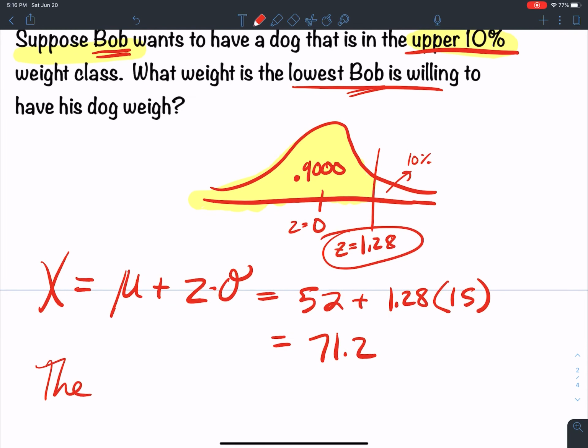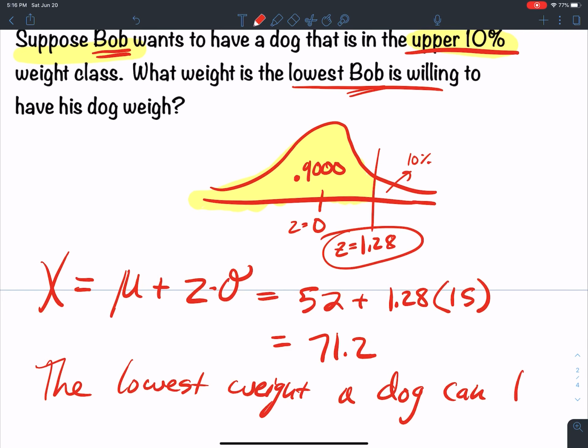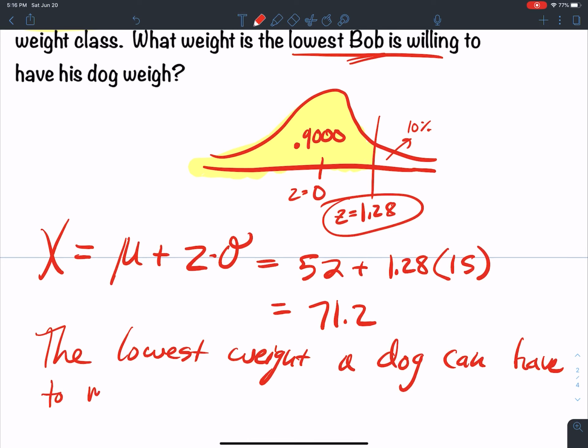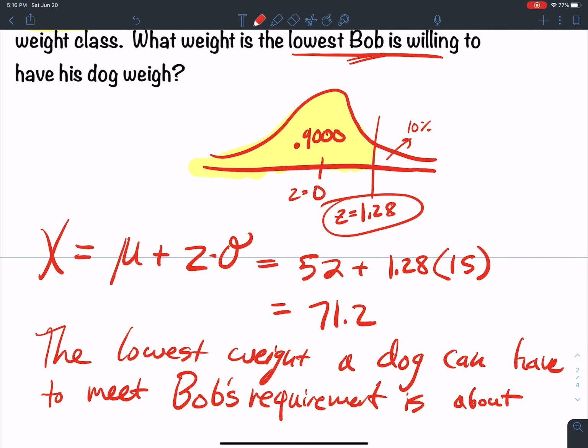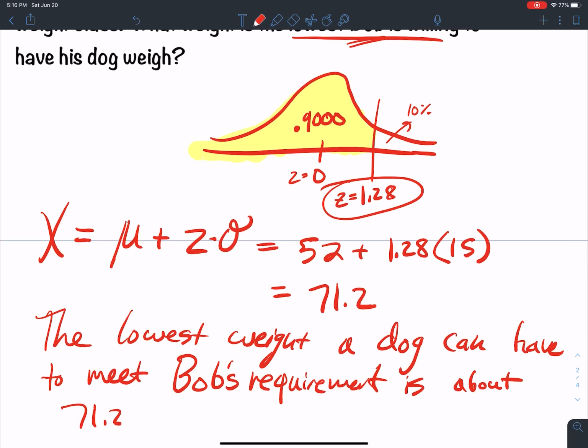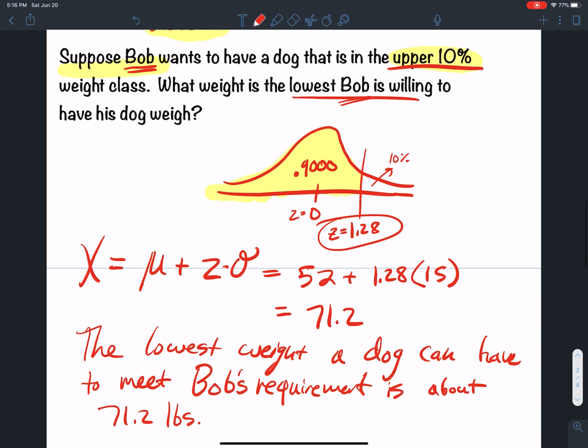The lowest weight a dog can have to meet Bob's requirement is about 71.2 pounds. Okay? Because Bob says that they want a dog that's in the upper 10% weight class.